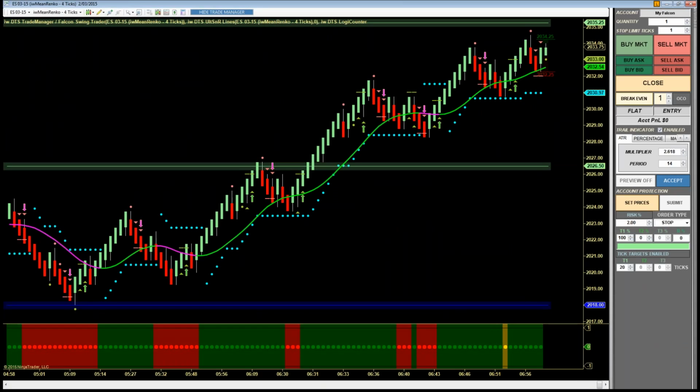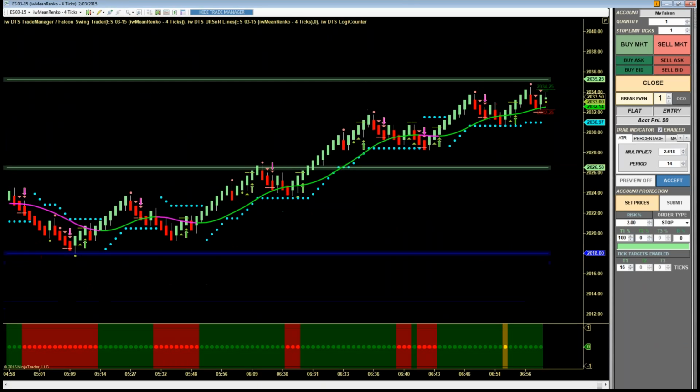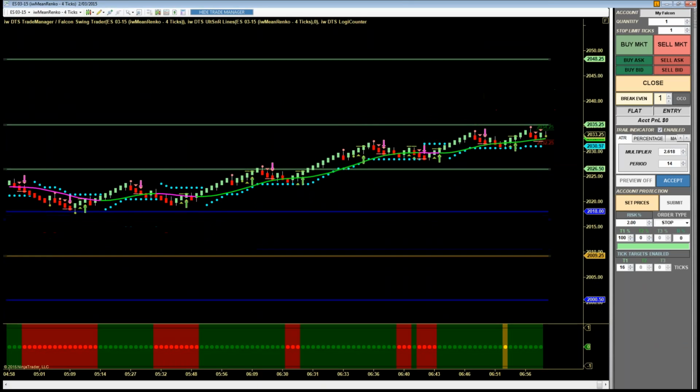Okay, here comes the E-mini with a trend line touch. Oh, and we actually had a late filter entry signal right here. This is the E-mini on the Falcon, and you can see we're actually at our second resistance zone.